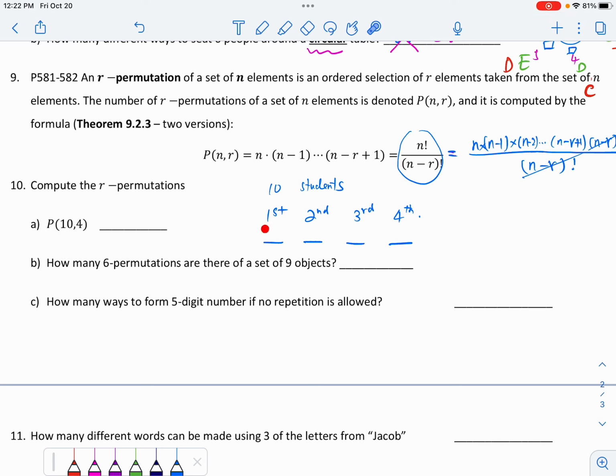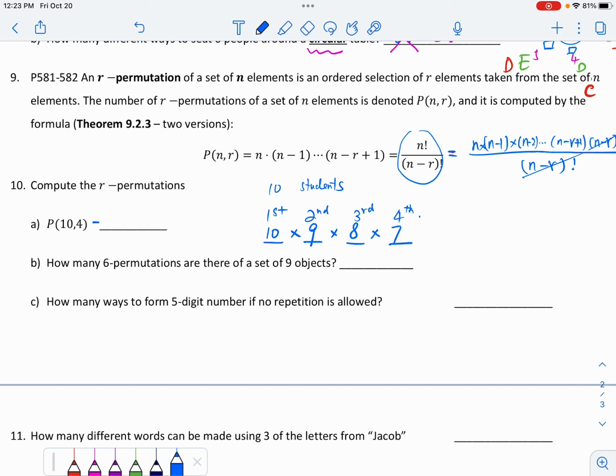So how many ways can we award the first prize? There are 10 ways because there are 10 students for me to choose from. Now, the student receiving the first prize will not receive any other prize, so that student will not be available for the second prize. So I have 9 students to choose from for the second prize, 8 for the third prize, and 7 for the fourth prize.